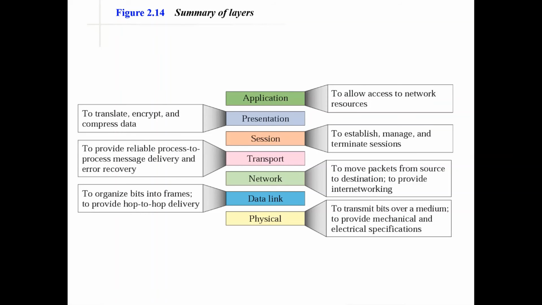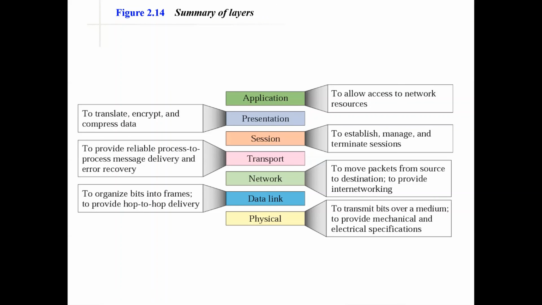At the network layer, the function is to move the packet from source to destination and provide internetworking. We can say that the network layer provides the routes for the data along the shortest path. At the transport layer, they provide reliable process-to-process message delivery and error recovery. You can say that end-to-end communication is there.